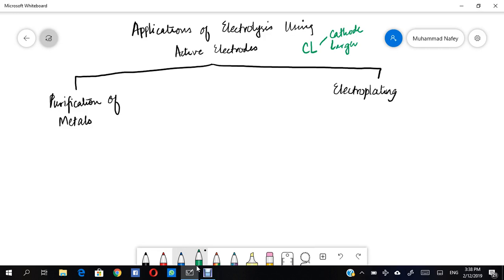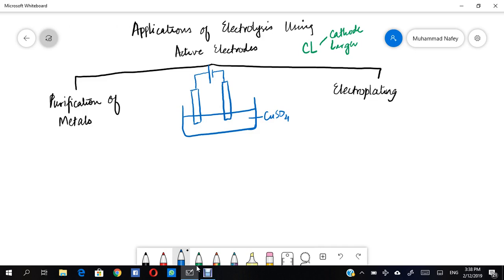Let's draw an apparatus very quickly here. So I have copper sulfate, and here's my anode and here's my cathode.